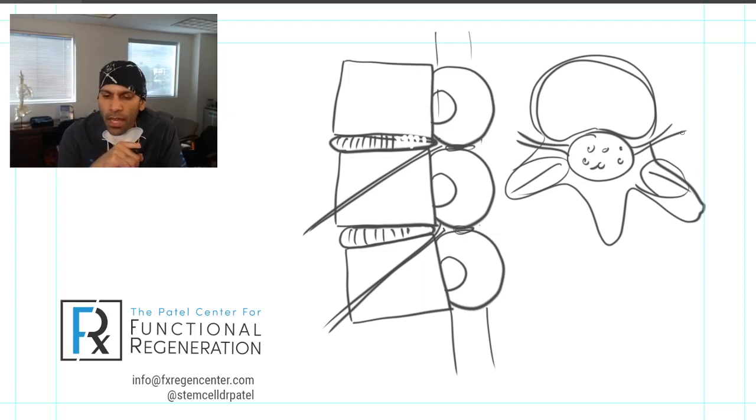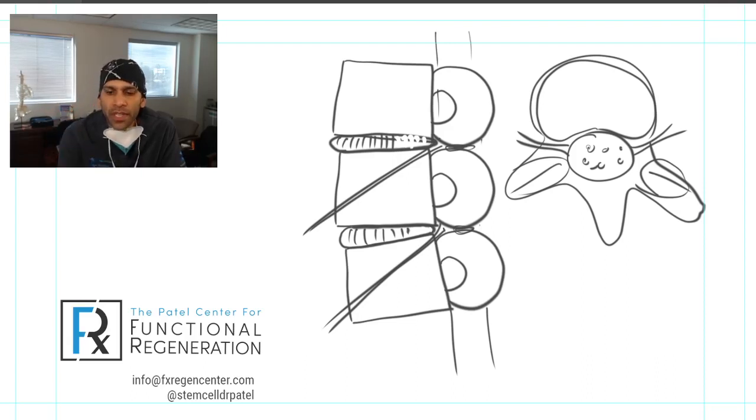Now, in a normal, when I say normal, in a young teenager, essentially, before we start getting degenerative changes, the disc is nice and cushiony, the facet joints are nice and smooth, and there's plenty of room for the nerves to exit on either side, plenty of room for the nerves to travel in the middle of the spine here. But after the age of 20 or 30, we all start to get these little degenerative changes.